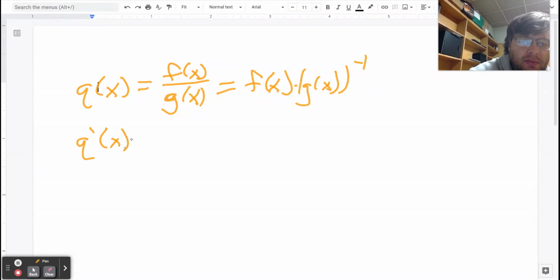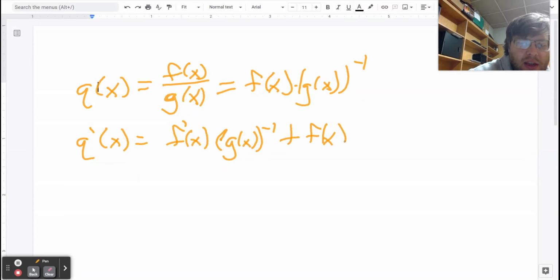So then q prime of x is going to be f prime of x times g of x to the negative 1 plus f of x times negative 1 g of x to the negative 2 times g prime of x.